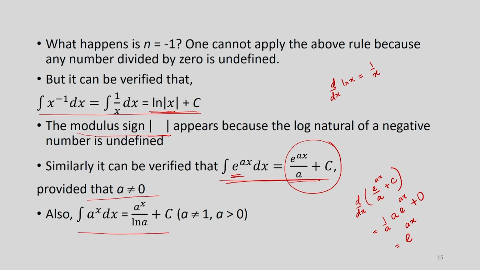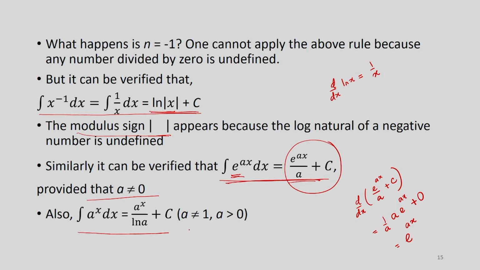If a is equal to 1, then log of 1, as we know, is 0. Again, there is a problem on the right hand side. So a cannot be equal to 1, and a cannot be equal to 0 or negative either, because in either case you have either minus infinity or it is undefined.